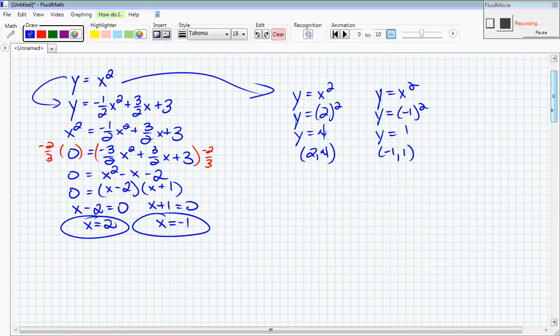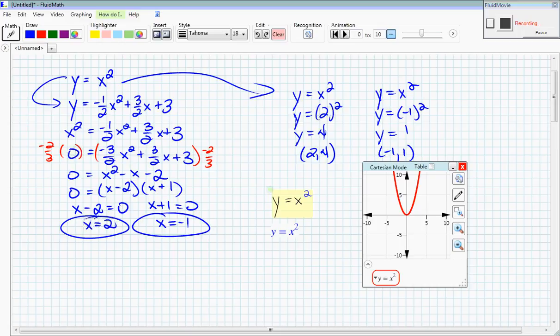Now, if you want, you can continue to watch. We'll try to graph these using Fluid Math. We'll graph the first equation of the system, and we will graph the second equation of the system. See, this needs to be negative. See if we can get that negative in there. That didn't work all that well. There we go.